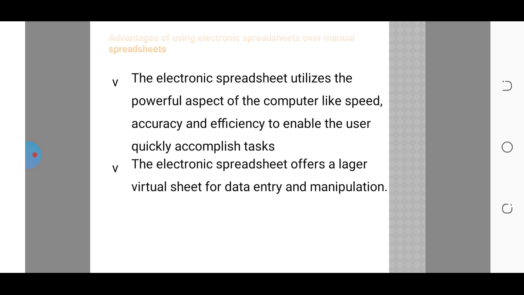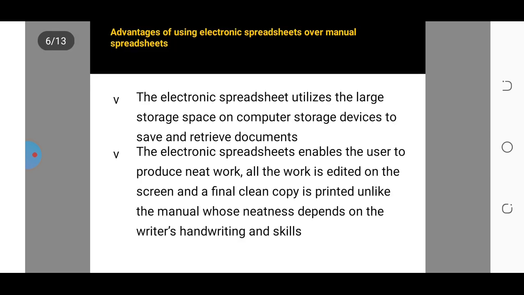The other advantage is the electronic spreadsheet offers a larger virtual sheet of data entry and manipulation. So for the sheet you're using, an electronic will be large enough compared to the one of manual. Okay, the other one is the electronic spreadsheet utilizes the largest storage space on computer storage devices to save and retrieve documents.